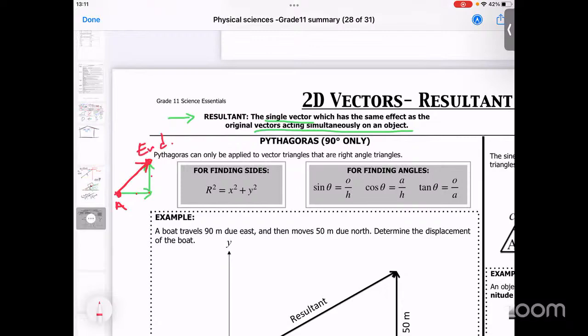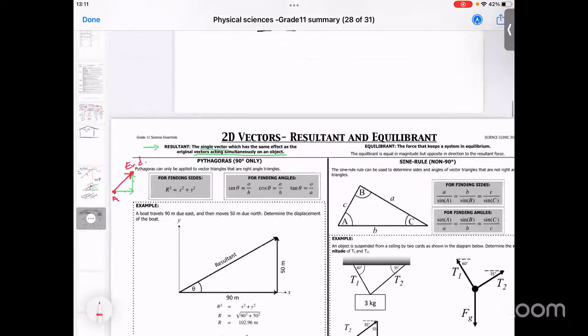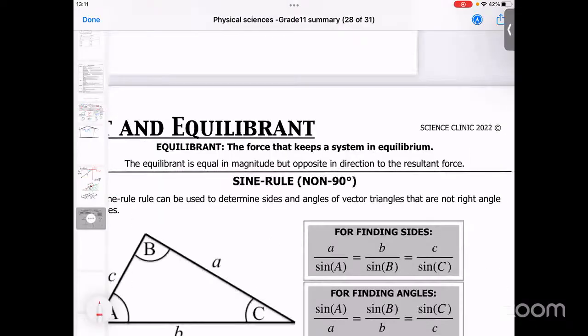Worry not. We will therefore continue to talk about the equilibrant. The equilibrant is the force. So now we are being specific to say we're talking about the force that keeps a system in equilibrium.